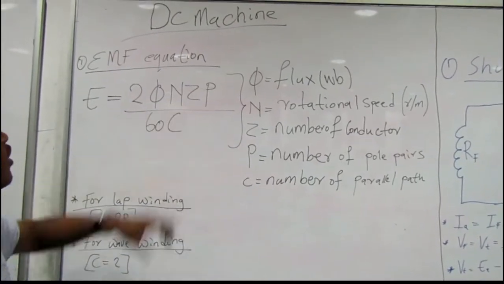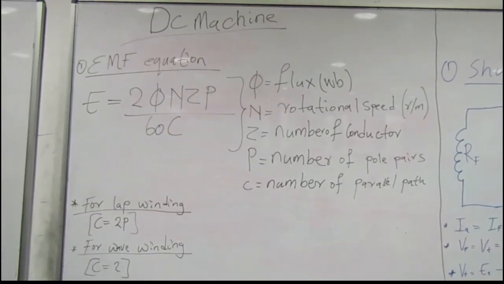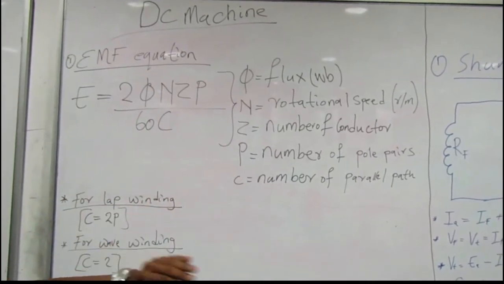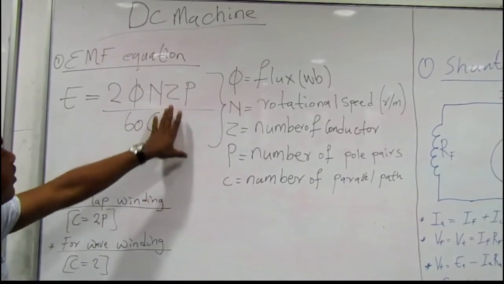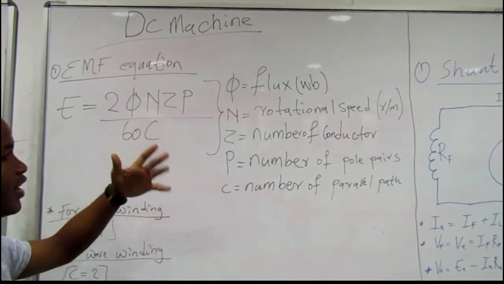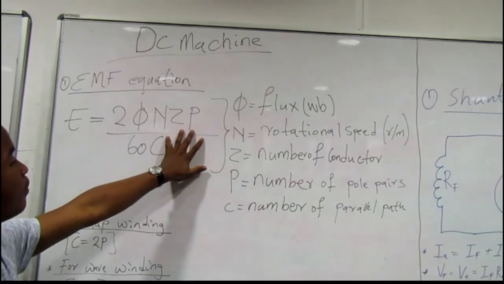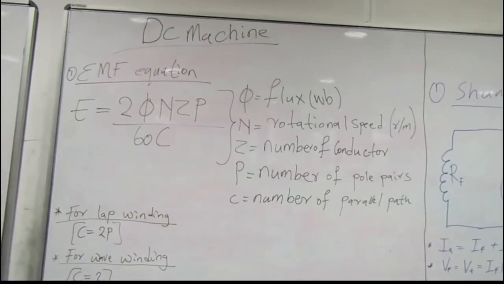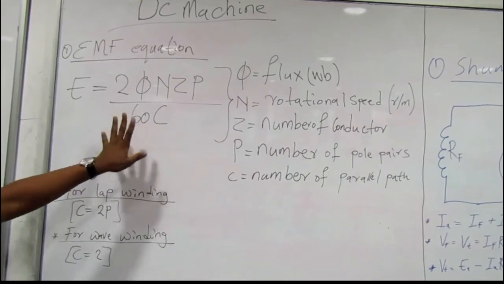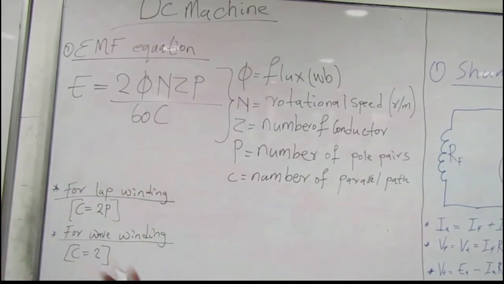Then n is the rotational speed, measured in revolutions per minute, and Z is the number of conductors. They usually give you Z, and P is the number of pole pairs. Then 60 is a constant, and C is the number of parallel paths.